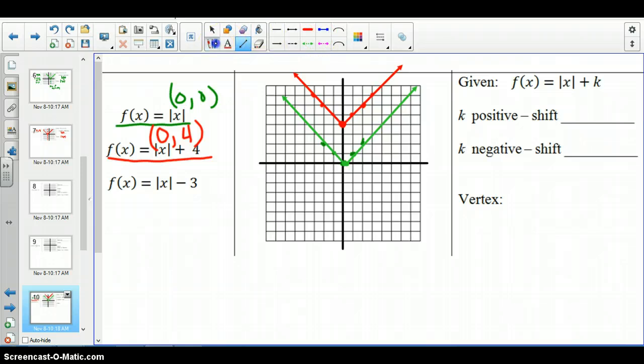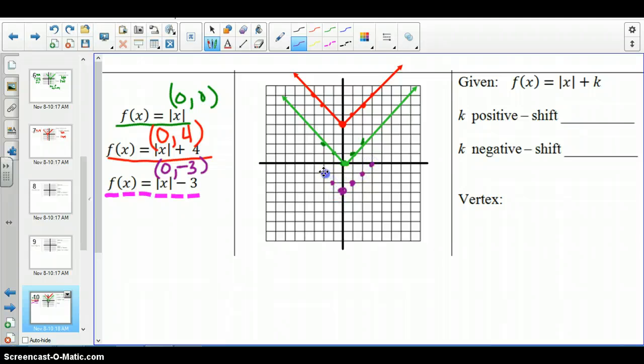And then lastly, we'll do the last one. So my vertex, the x is 0, my y is negative 3. So I go to 0, negative 3, plot a point. Your slope is positive, and it's 1, so you go up 1 to the right one, up 1 to the left one.